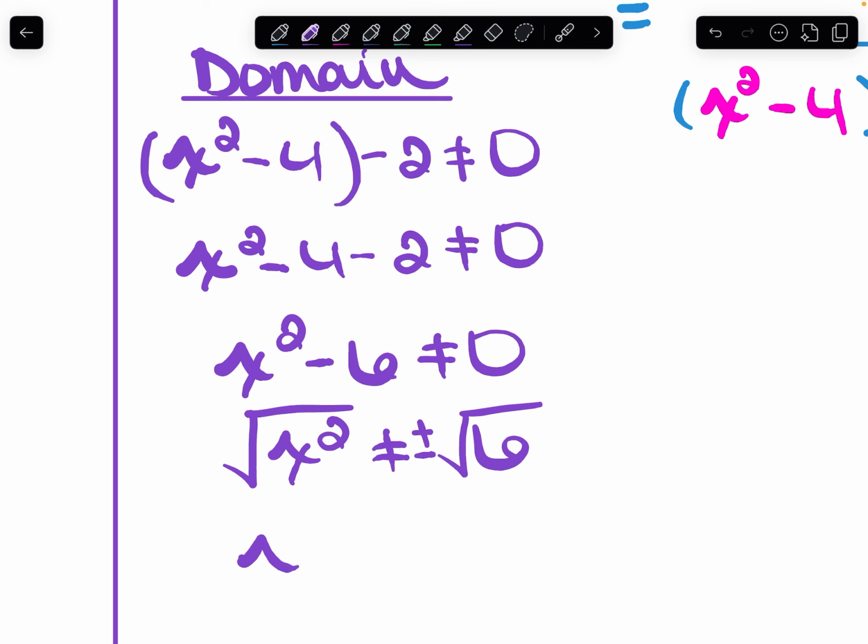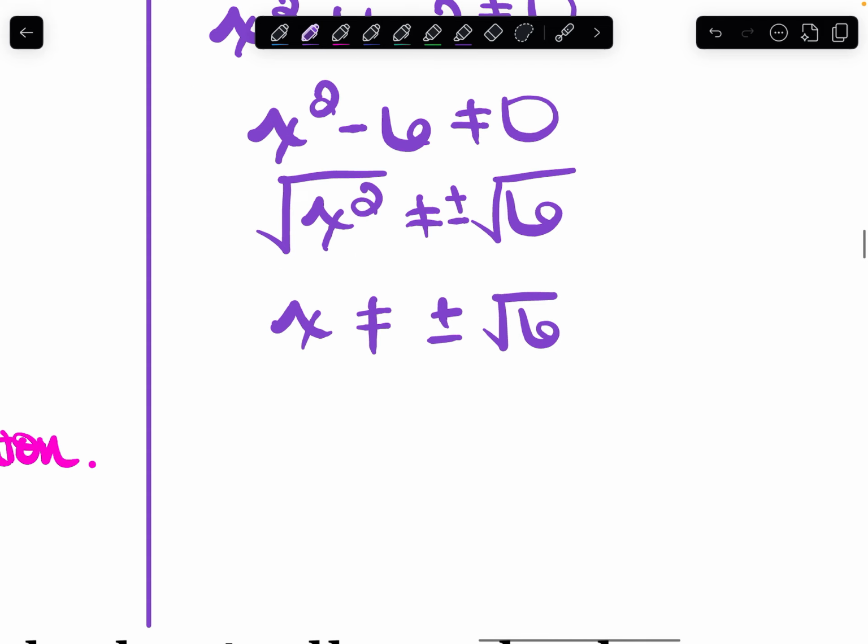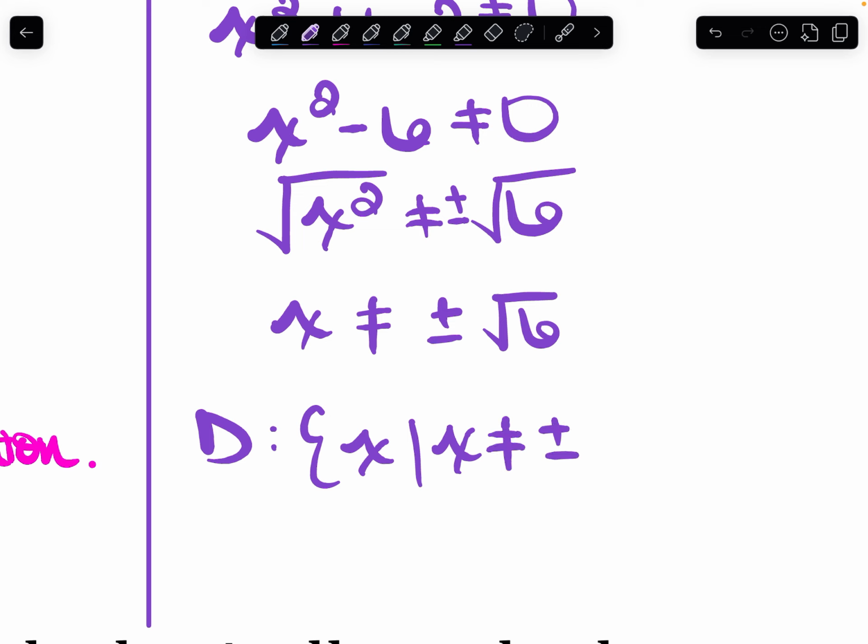Don't forget your plus or minus. So x cannot equal positive or negative square root of 6, which does not square root nicely, nor does it reduce, so that means we leave it alone. So the domain is x can be anything excluding positive and negative square root of 6.